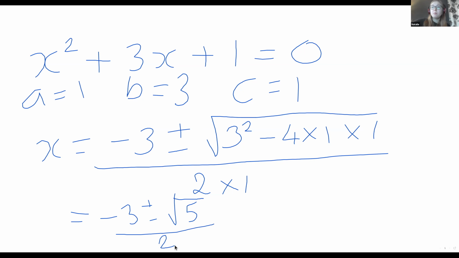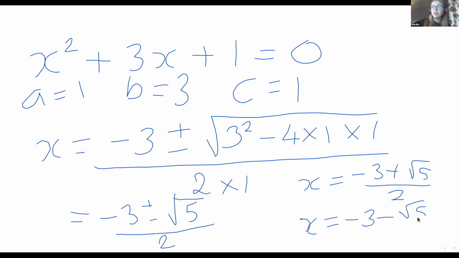Our two answers would be x is minus 3 plus root 5 over 2, and x is equal to minus 3 minus root 5 over 2. However, if it asked us to give our answer to a certain number of decimal places, then we can just chuck those two things into our calculator and it will give us our answer, which we can give to the appropriate number of decimal places.